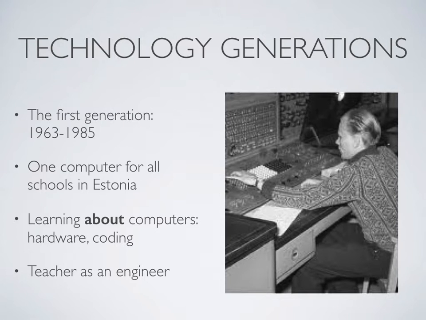There was only one school computer for the next 22 years, and this was enough for all 500 Estonian schools because it was used for learning about computers, which was quite difficult subject and not needed for majority of students. Only those who wanted to become computer engineers or mathematicians, they studied the hardware and coding using this huge computer, which even didn't have a screen.